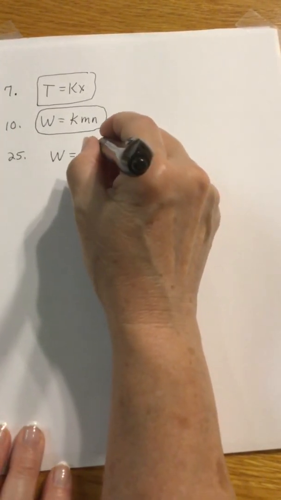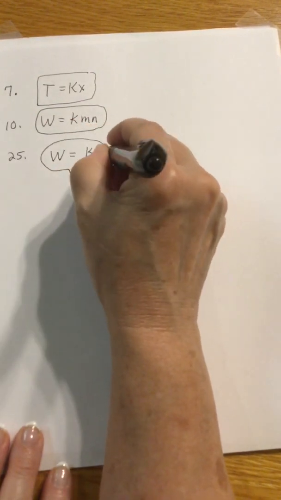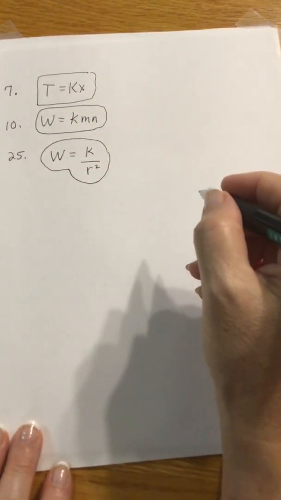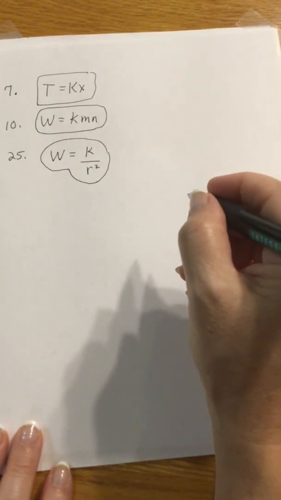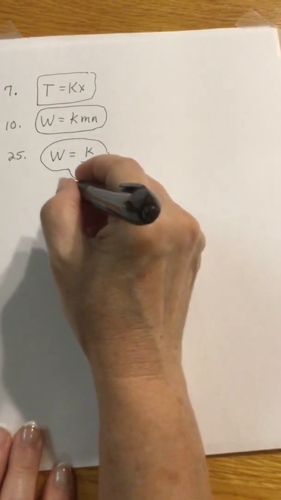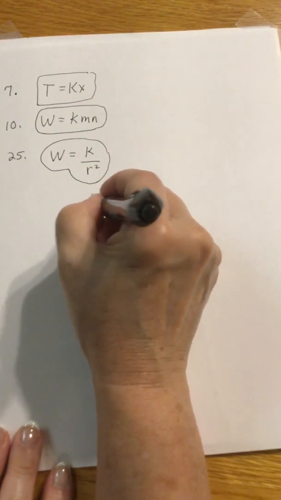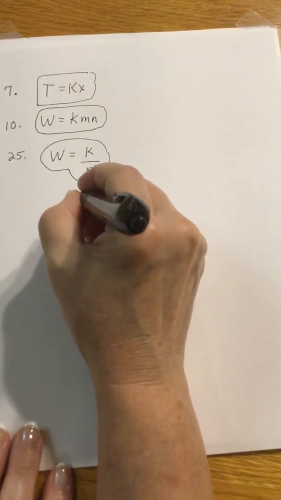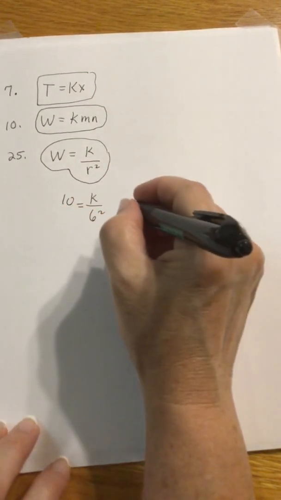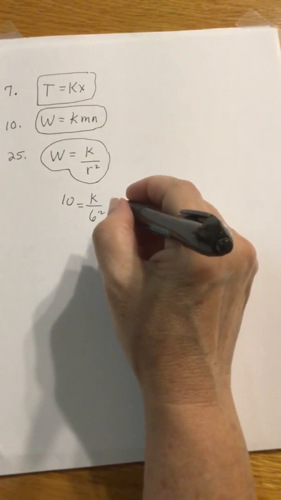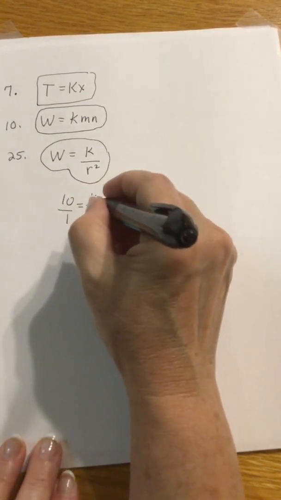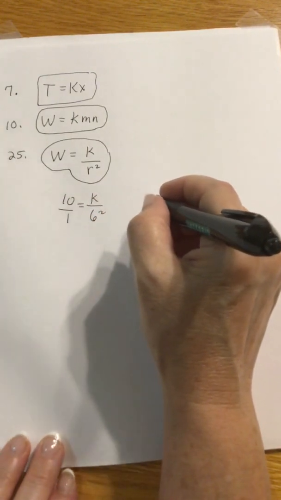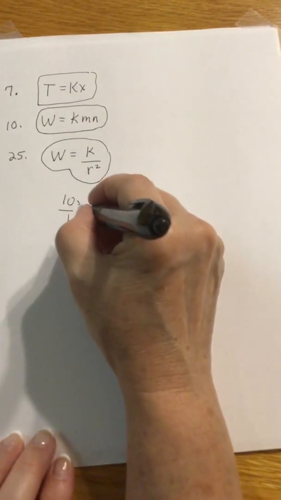Now, this is the first answer, but the second on 25 has a second part to it. It says if R is 6, then W is 10. So we're trying to solve to get K then, right? So we put this over 1. Now we have a proportion. So we're going to cross product.